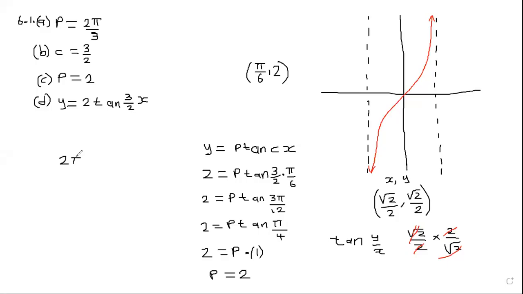I can see already that this will give us 4 pi over 3, which is a confirmation. 2 times 2 is 4, so 4 pi over 3. Our period is 4 pi over 3.